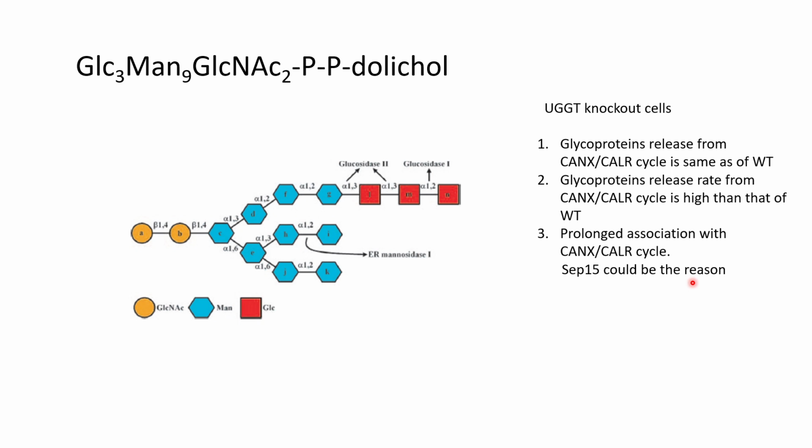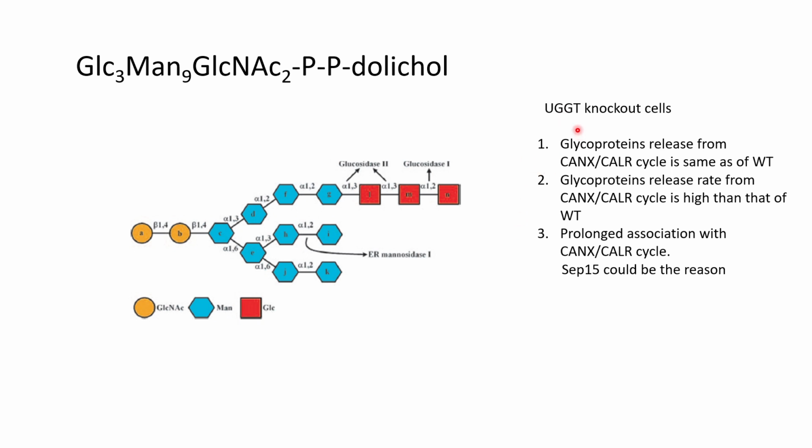And the third one is the prolonged association of glycoproteins with calnexin and calreticulin. This could be because the disulfide isomerase SEP15 usually forms a one-to-one complex with UGGT.